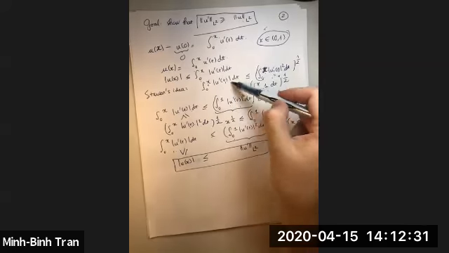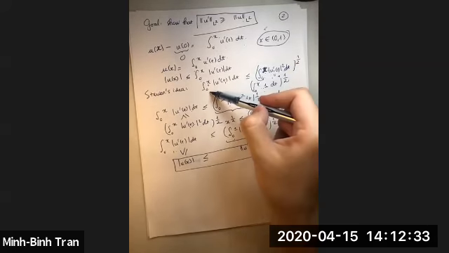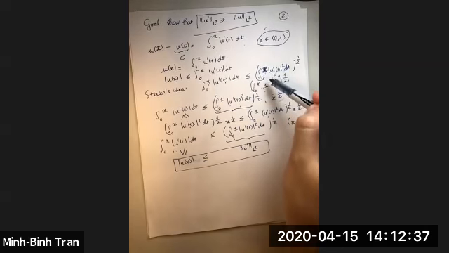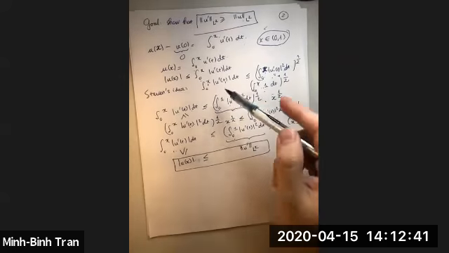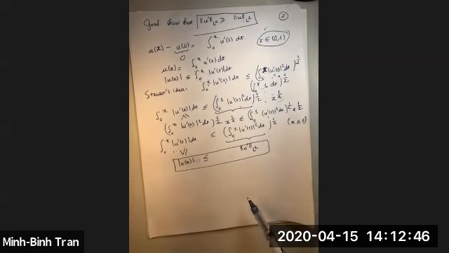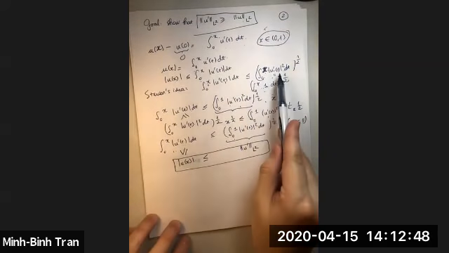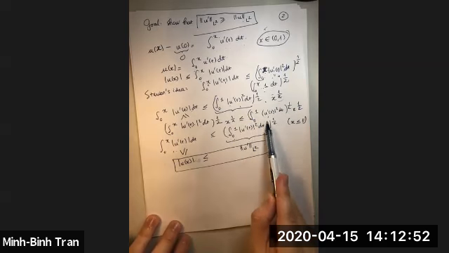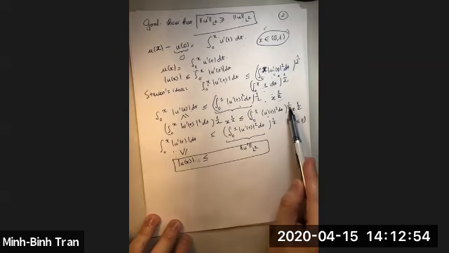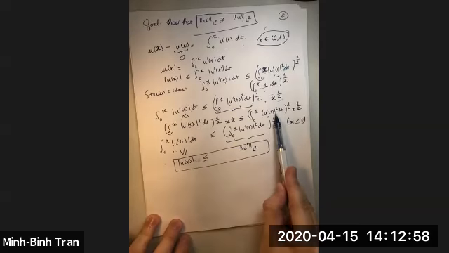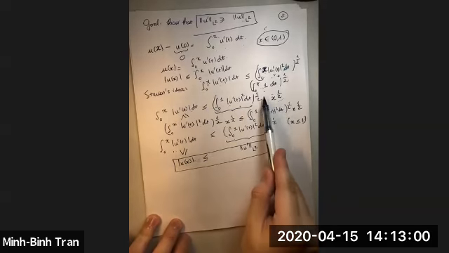I apply Hölder inequality. So this is going to be smaller than the integral from 0 to x of u prime t squared dt to the 1/2, and then I have the integral from 0 to 1 of 1 dt to the 1/2. So I bound this quantity by the integral from 0 to 1 of u prime t squared dt to the 1/2 times 1 to the 1/2. So this guy is smaller than this guy, meaning that this guy is also smaller than this guy, right?